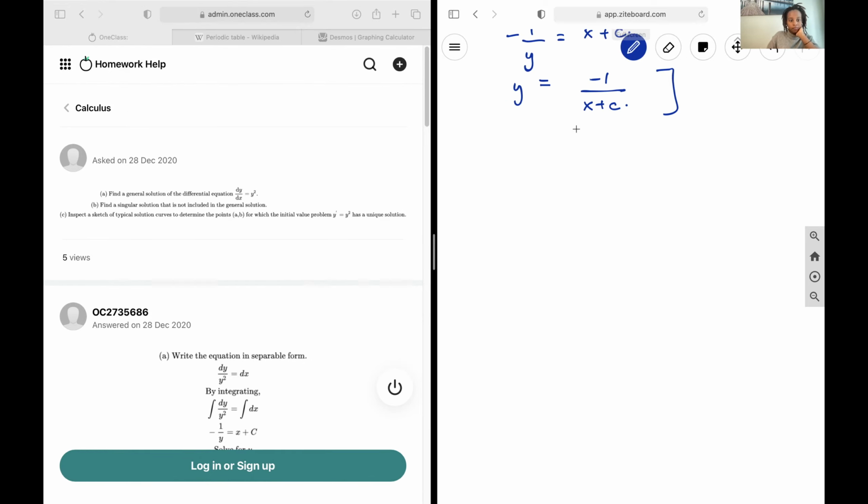So that's part A. Next up, we want to find a singular solution that is not included in the general solution. We will see here that we have y prime is equal to y squared.